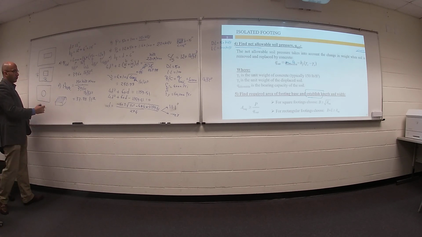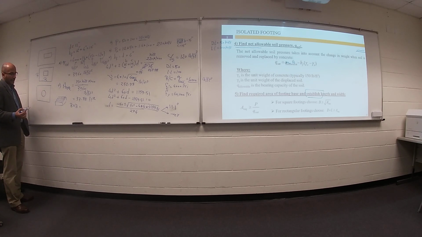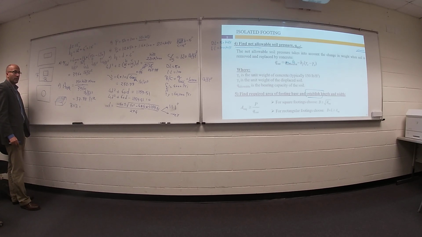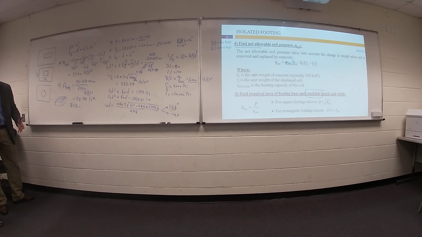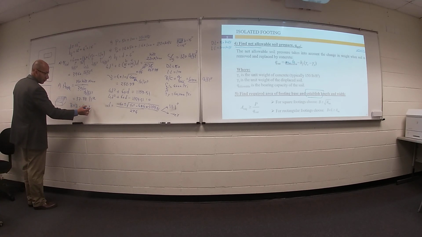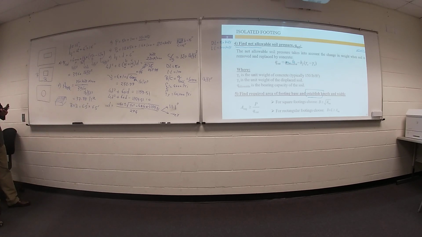for this area. So I recommend B times B will be, what do you think? 6 times 6? No, 6 times 6 is 36, smaller than the area required. Okay, what do you think? 6.5 times 6.5 feet. 6.5 times 6.5 equals 42.